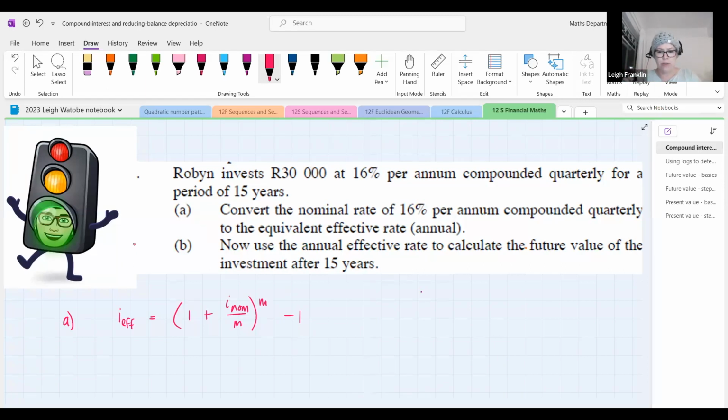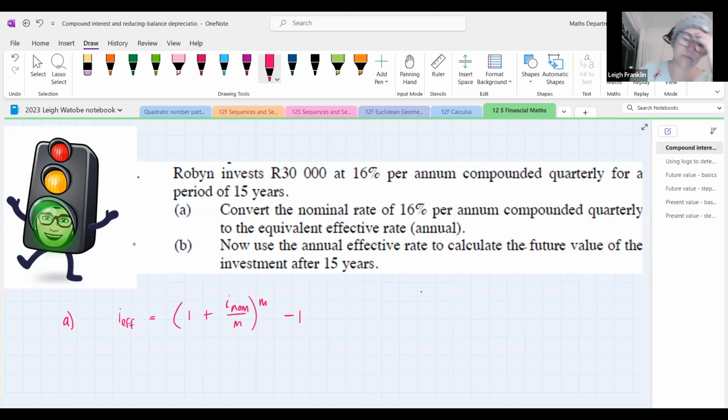Before we get started on this, let's talk about what a nominal rate is and what an effective rate is. This is often something that's quite difficult for us to understand, but it's not meant to be difficult. Can anybody explain to me what you understand a nominal rate to be as opposed to an effective rate? Kamgelo, go for it.